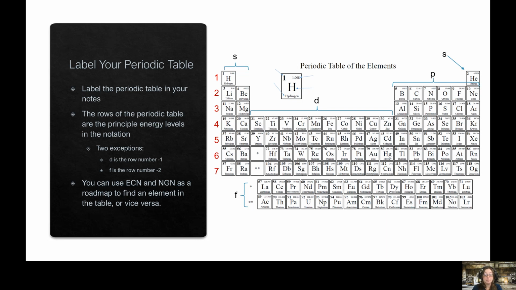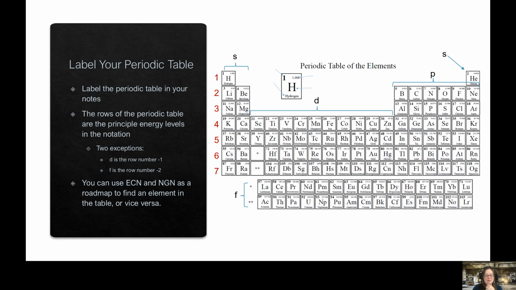Your P block are the 6 columns on the right. 2 columns on the left are your S plus helium. Your D block elements are the 10 columns in the middle.